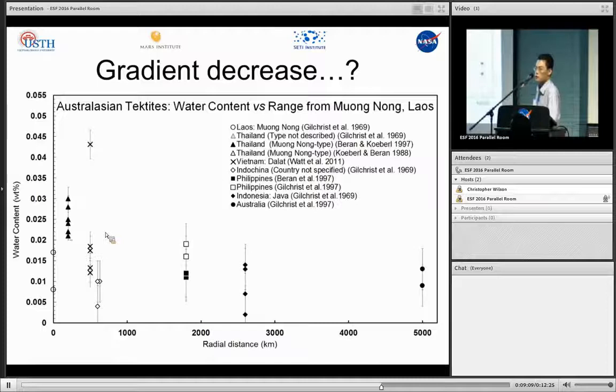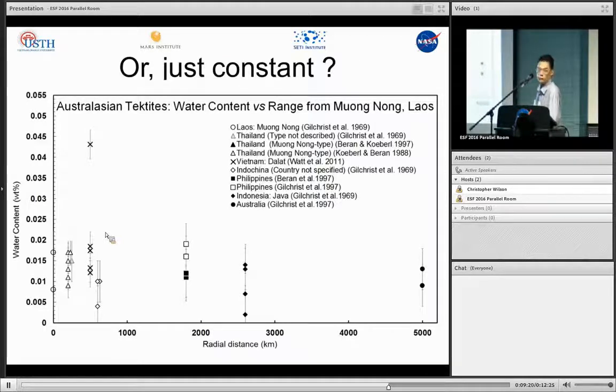So we might have a decreasing gradient from Muong Nong tektite in Indochina to Australia. Or there are no dispersions, and all types of tektite have almost the same water content.